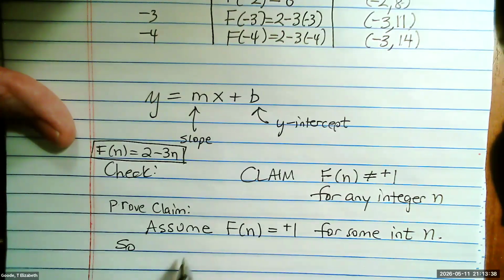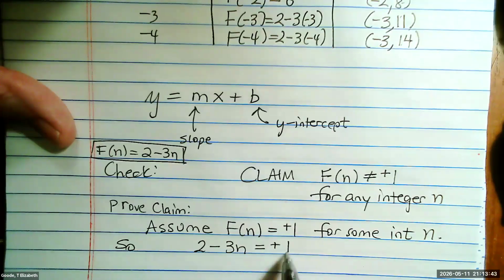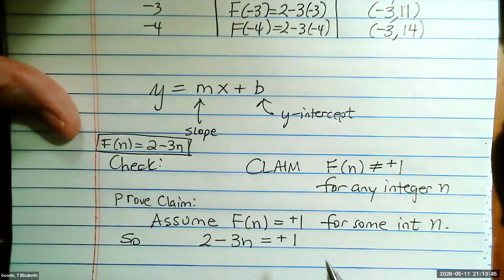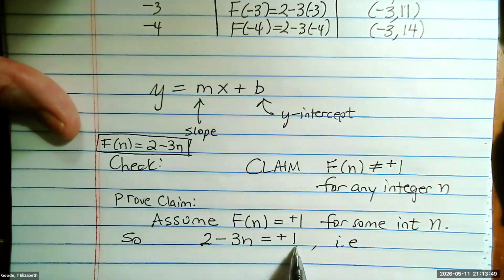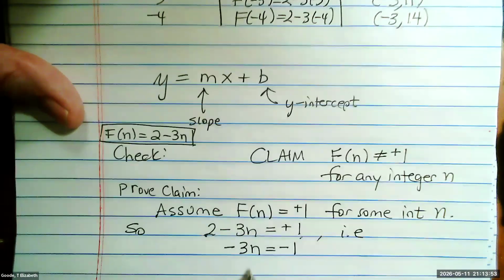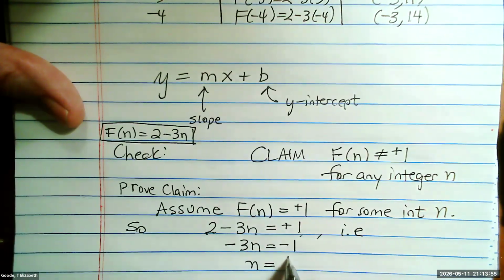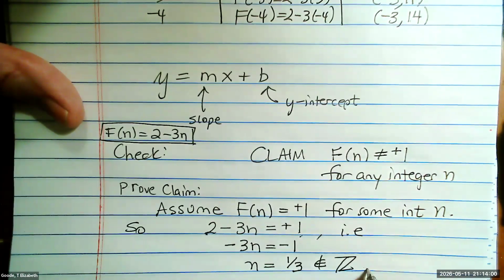So 2 minus 3n has got to equal positive 1, right? Now let's solve for n. Bring the 2 over as a negative 2. That means negative 3n equals negative 1. And that means n equals 1 over 3. And that's not an integer.